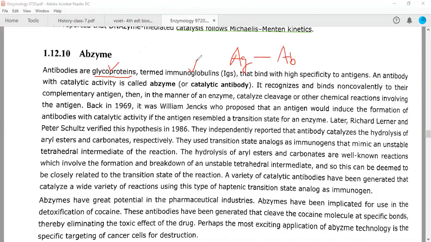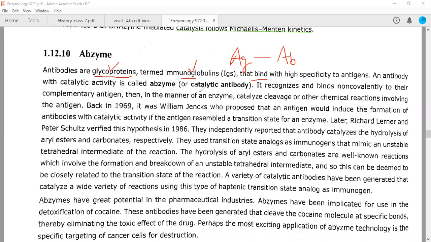Whenever there is an infection or antigen, for example some virus, I'm not talking about coronavirus, or some antigen or bacteria that infects us, it will lead to the synthesis of specific antibodies, and these antibodies are able to neutralize that particular antigen so that we can recover. They bind with high specificity to these antigens.